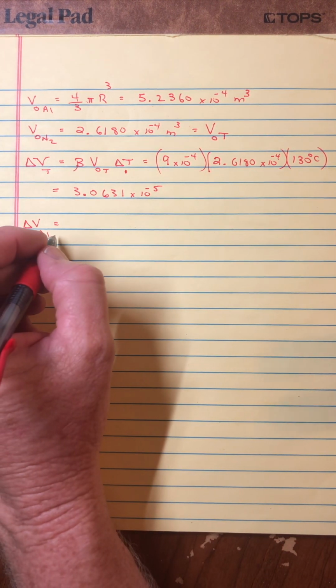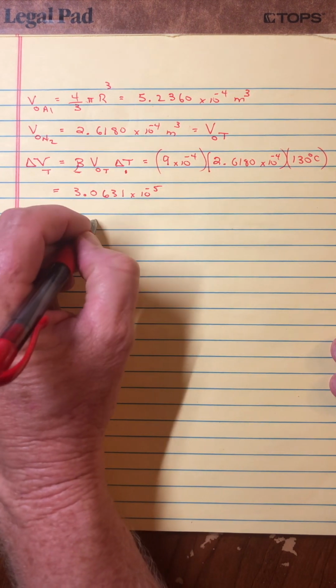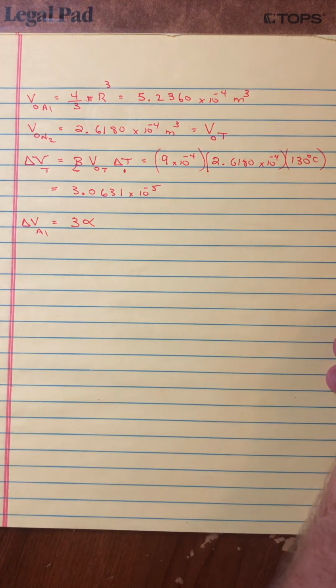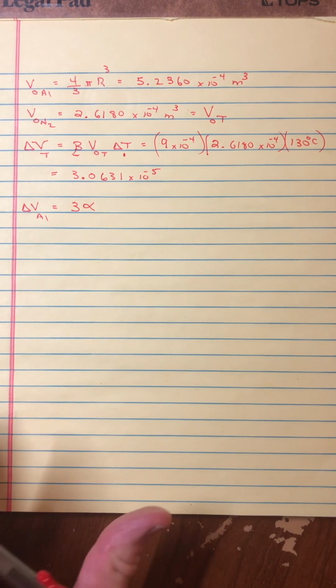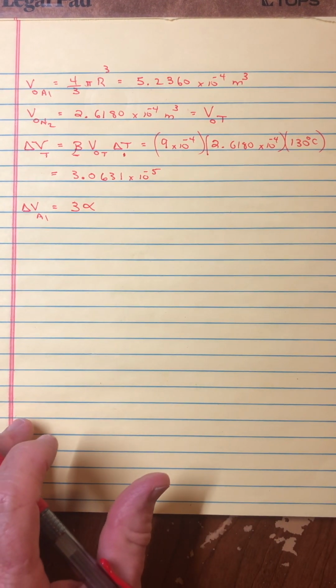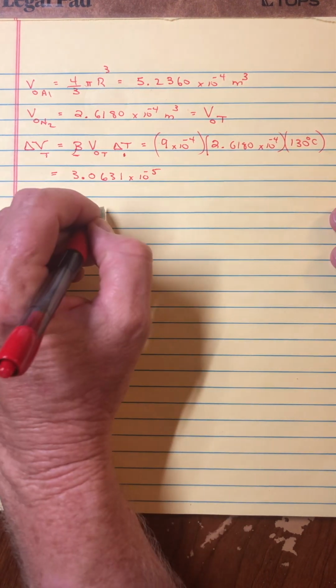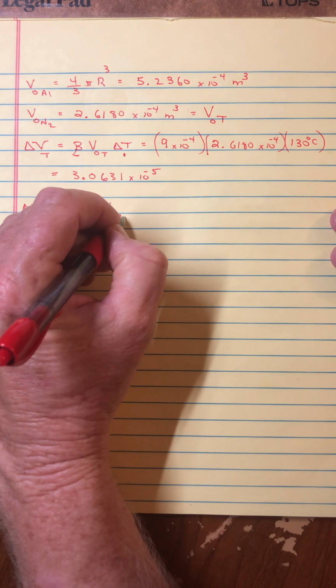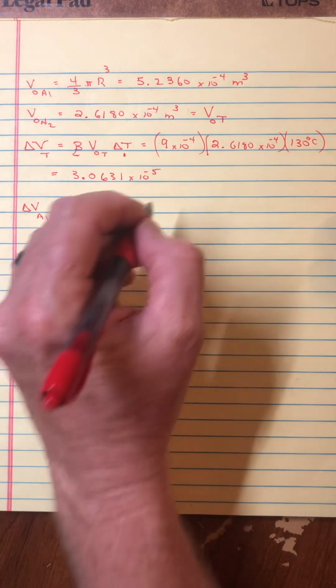So I'll have to do the beta for my aluminum, which again, you won't find a beta listed. We never do for solids. It's kind of a waste of space. It's just three-dimensional, so it's 3 times our alpha, and then it's going to be the initial volume of the aluminum times the delta T.